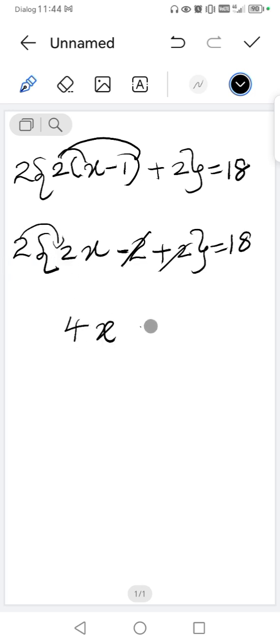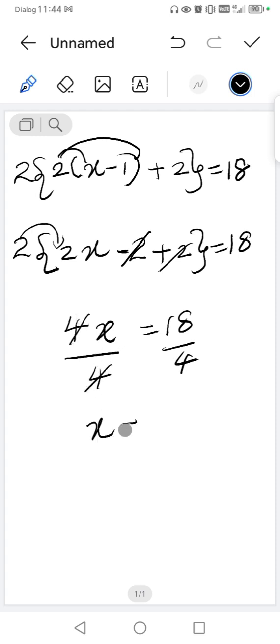So 4x equals 18, and then here we know it's multiplication, so we have to divide. Here also we have to divide. So x equals, we can simplify further. We can divide by 2, so 9 by 2, which means 4.5.